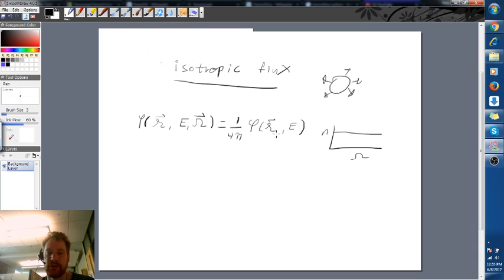Because recall that in a given sphere there are 4 pi steradians, and maybe I'll get into solid angles later.